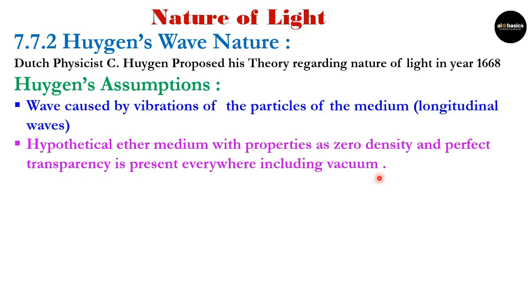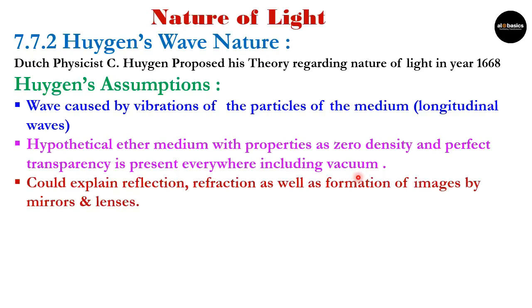So he considered that ether medium is present in vacuum also. Now this is the assumption of Huygens: for the propagation of wave, a medium is required.